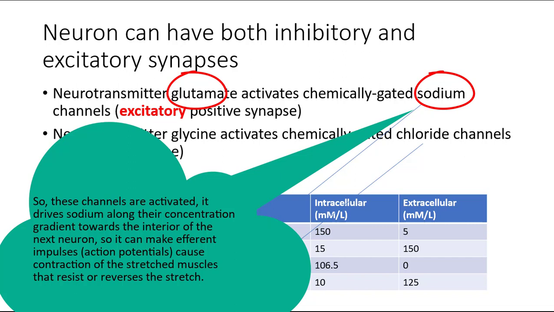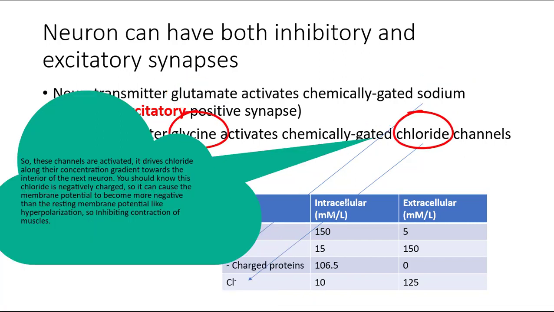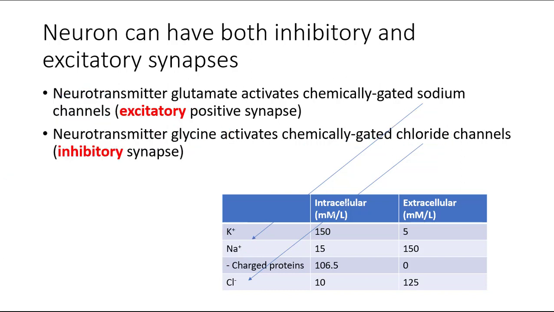The neurotransmitter glycine activates a chemically gated chloride channel, an inhibitory synapse. When these channels are activated, it drives chloride along its concentration gradient toward the interior of the next neuron. You should know this chloride is negative. The membrane potential becomes more negative than the resting membrane potential, like a hyperpolarization, so inhibiting contraction of the muscle.